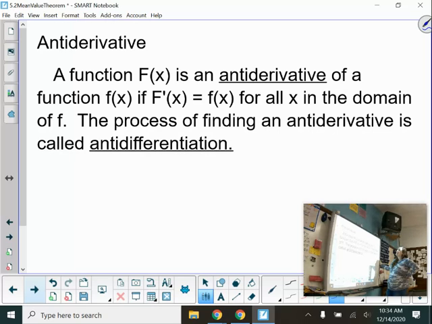So F of x is an antiderivative of f of x if your F prime is equal to f of x for all x's in the domain. And then your process to find the antiderivative is called antidifferentiation. By the way, if you type antidifferentiation into a word processing document, it'll probably tell you it's spelled incorrectly, but it is spelled correctly, just as an FYI.